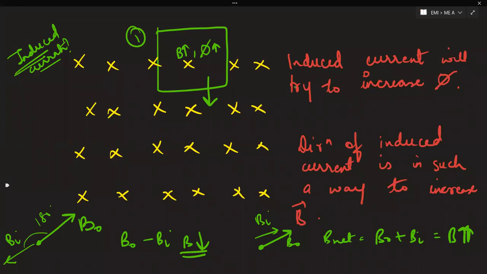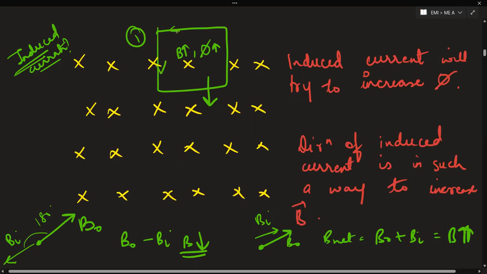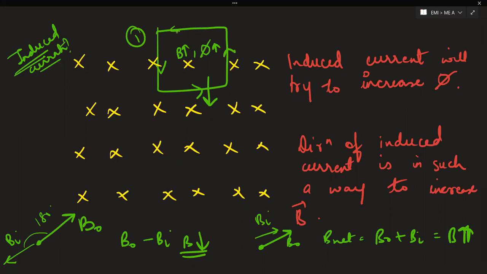So if you point the thumb towards yourself, right hand, what is the curvature of the fingers? Anti-clockwise. Perfect. So the direction of the induced current will be anti-clockwise and the direction of the induced magnetic field will be outwards.